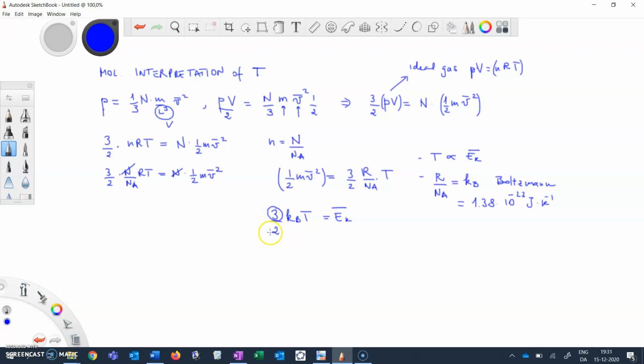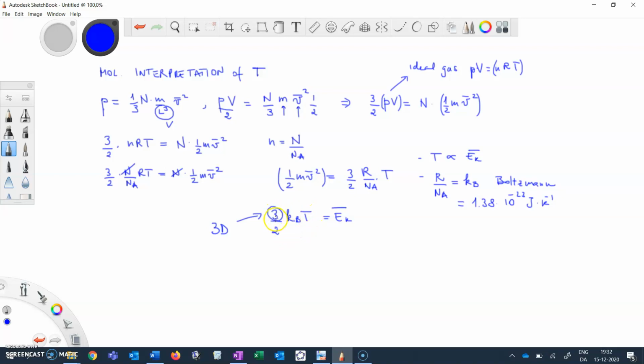Well, this 3 is not casual after all. It depends on the dimension that we are considering. We are in 3D, three dimensions, and therefore for each direction where we can have a kinetic energy, in the X, in the Y, and in the Z, we're going to have a half kBT of energy available.